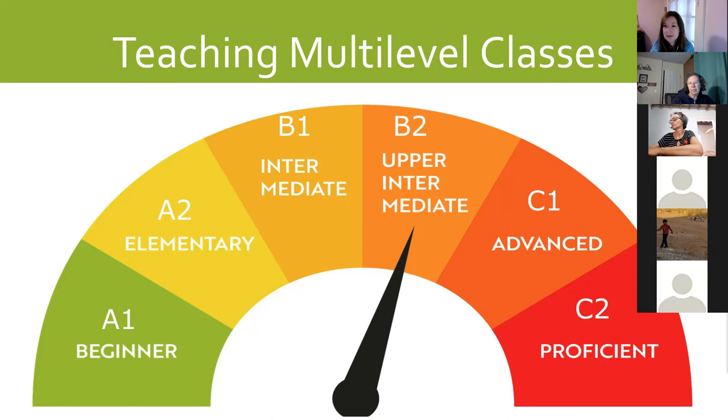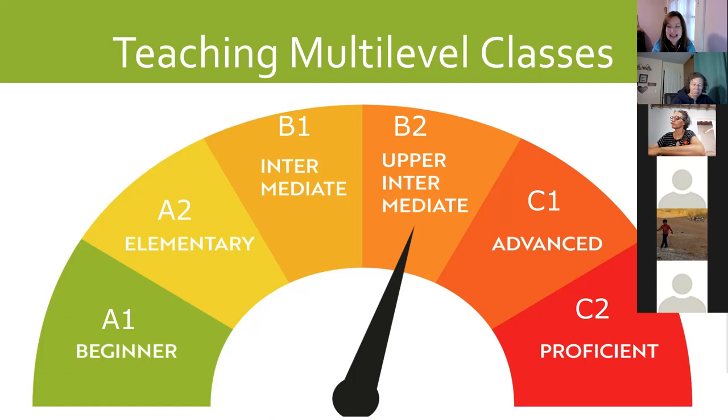which would be the equivalent of a native speaker. And ideally, we would love to have students who are all in the same group in one class. So if we're doing A1 beginners, we would love everybody to be an A1 beginner at the same level. However, in real life, that rarely happens.